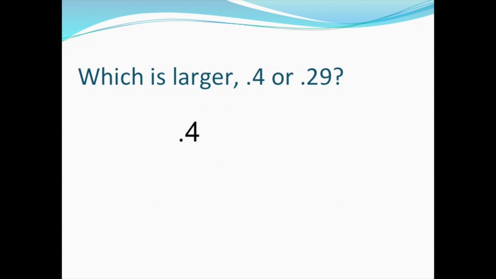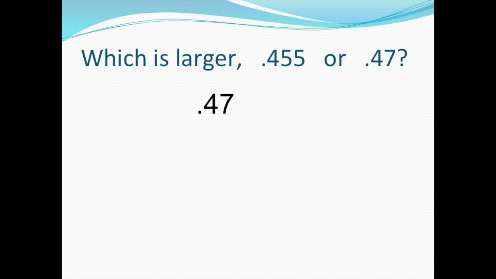Which is larger, 0.4 or 0.29? Well, 0.4 is larger because if I line them up and place zeros behind the 4, 4 is bigger than 2. Which is larger, 0.455 or 0.47? Well, 0.47 is larger because 7 is larger than 5.